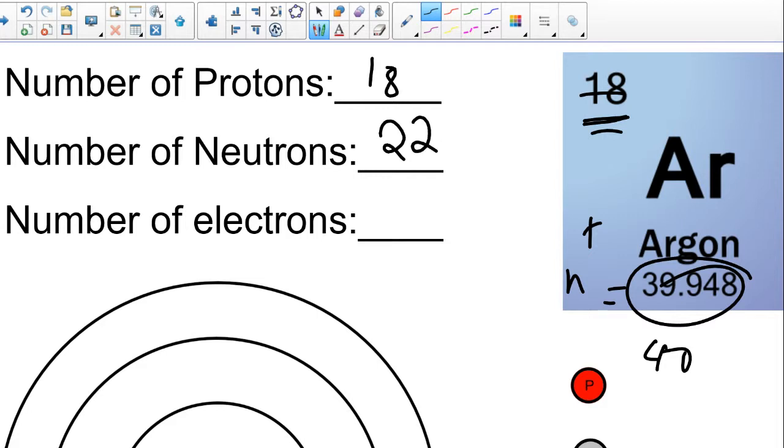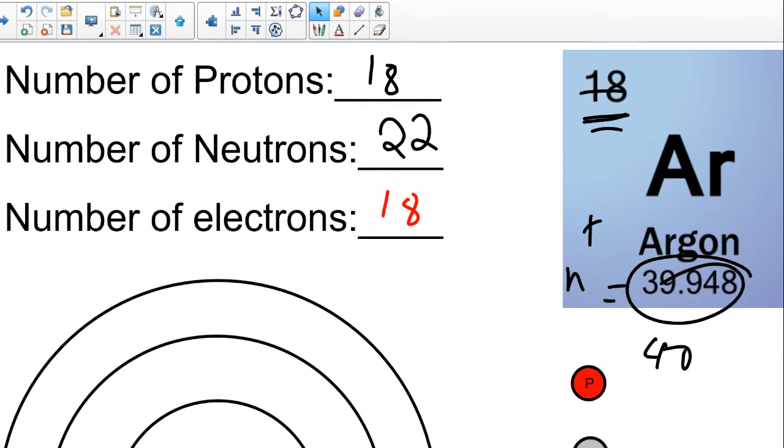Number of electrons needed, we need the same number of electrons as protons to keep our element stable and neutral. This is a lot harder to draw and fit all these in, so I'm just going to introduce protons and neutrons and throw in that I've got 18 of these and 22 of those.